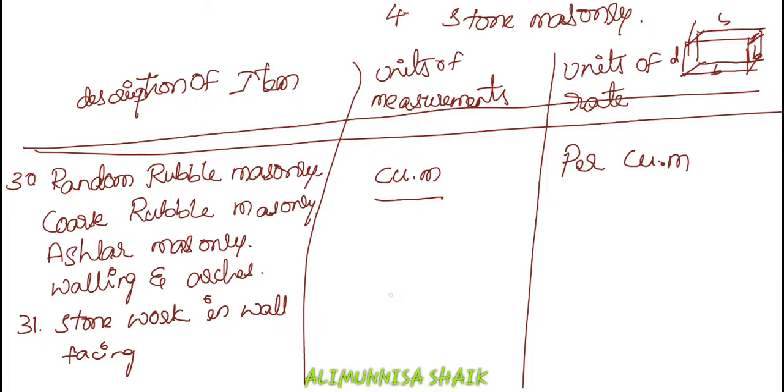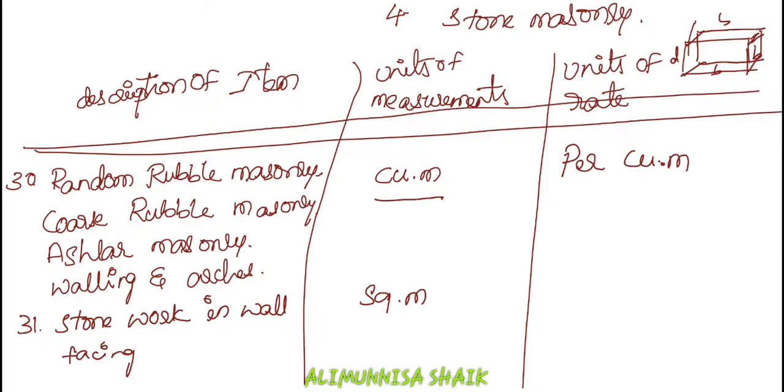This is basically calculated in square meters. We'll be having different shapes. We'll be cutting the chips or the stones into some regular shapes and arranging them in the wall, or else in some cases we'll be using pebbles. We'll get pebbles with different colors and shades, and we'll be using them in the wall.